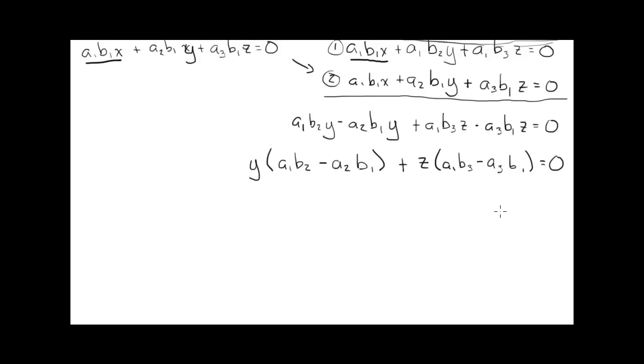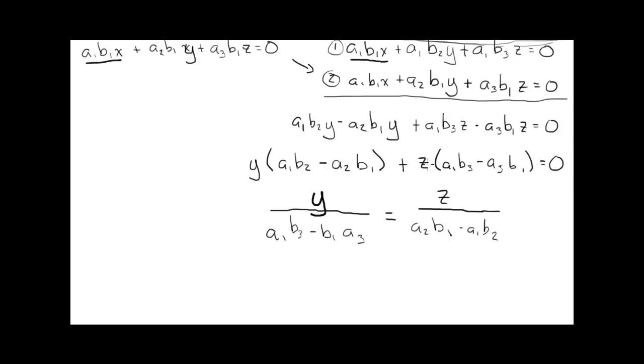So just doing some rearranging, subtracting this from this side, and then dividing, cross multiplying, you're going to get this. Y over (A1 B3 minus B1 A3) equals Z over (A2 B1 minus A1 B2).